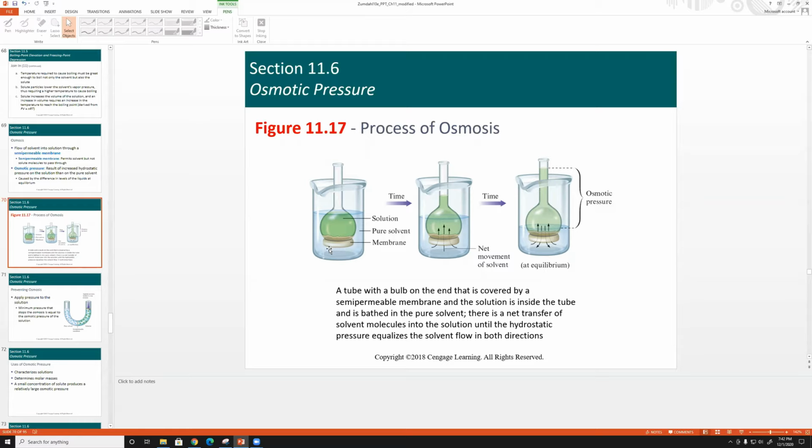So it'll make an attempt by moving the water into the flask, diluting the solution and making it closer to zero concentration.